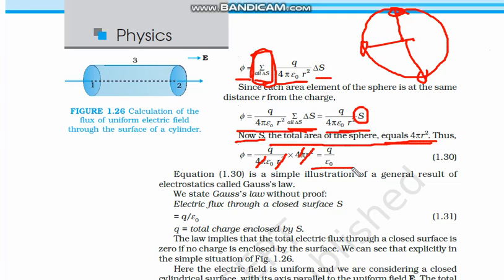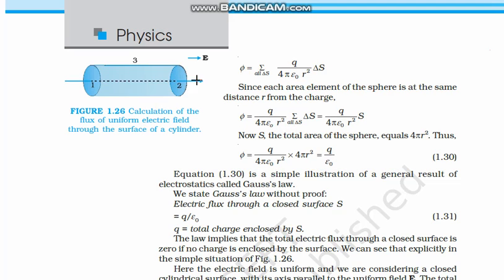So the total flux is q upon epsilon naught. Remember, this is a very general formula. Equation 1.30, that means phi is equal to q upon epsilon naught, is a simple illustration of a general result of electrostatics, which is called Gauss law.